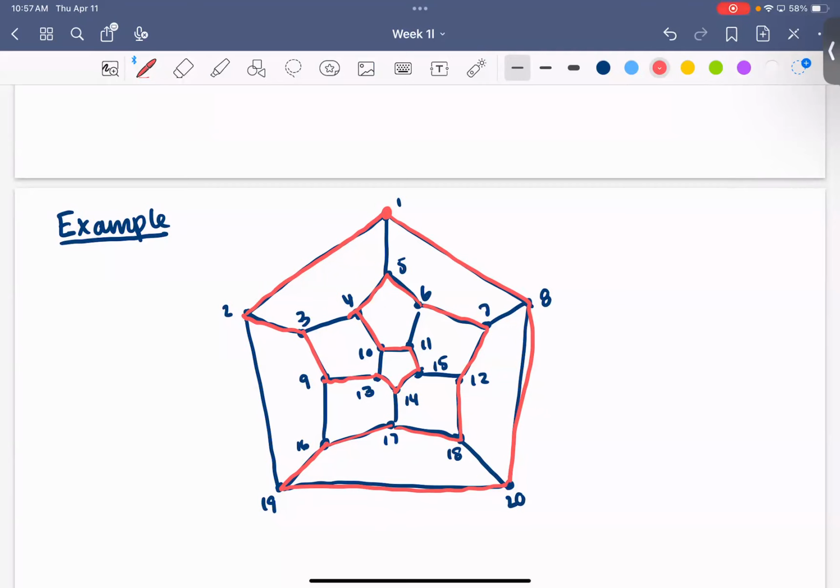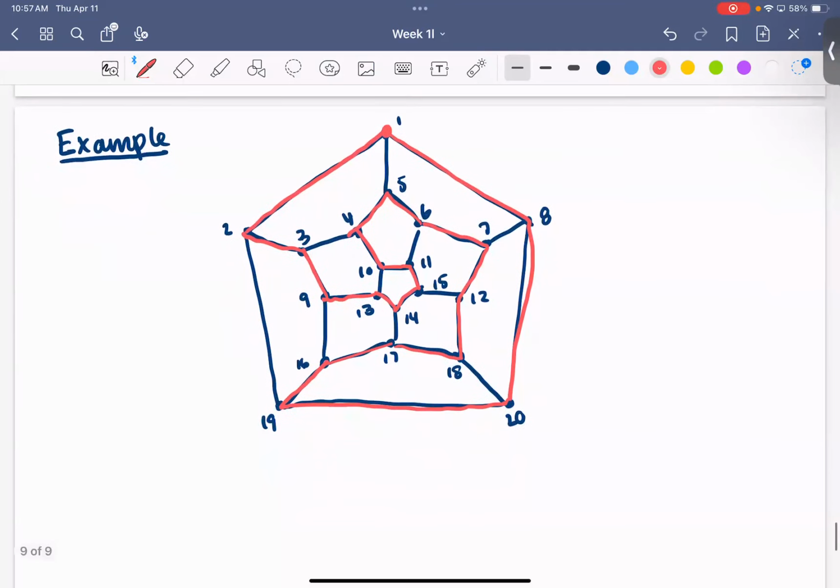Are there questions about the definition? Okay, so there's no easily testable characterization known for whether or not a graph is Hamiltonian. So what we will study is some necessary conditions and some sufficient conditions.